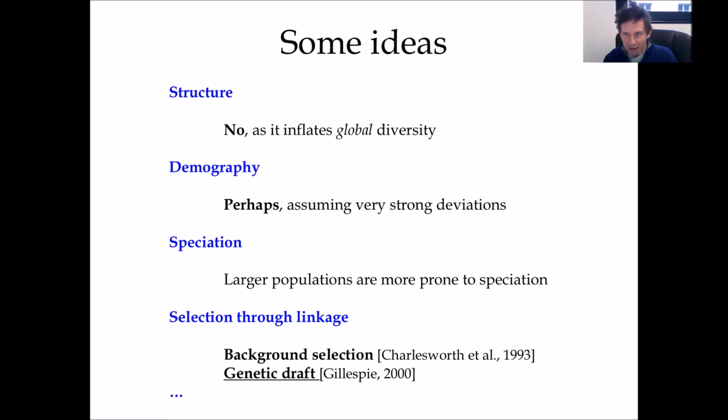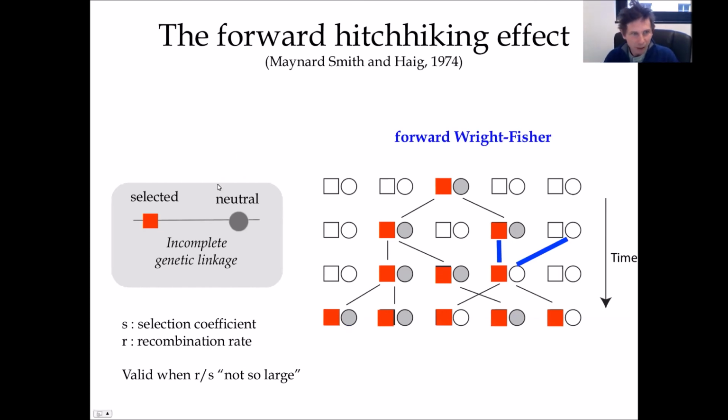They can have a negative effect, called background selection, or a positive effect. Say you have a variant, like in this model. You have a selected locus, the red locus, and a neutral locus somewhere away from the selected locus. You have a Wright-Fisher population here with 5 individuals, and time goes from top to bottom.